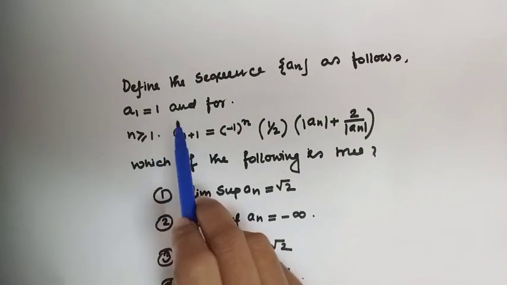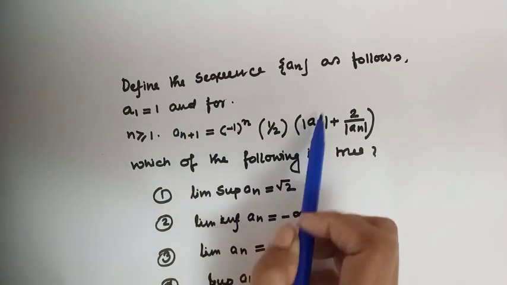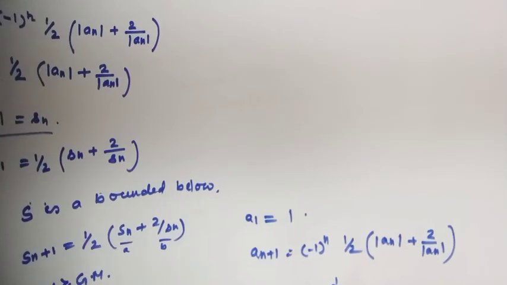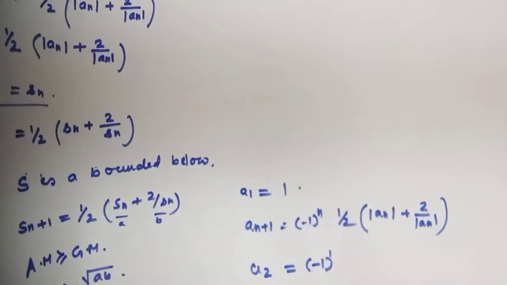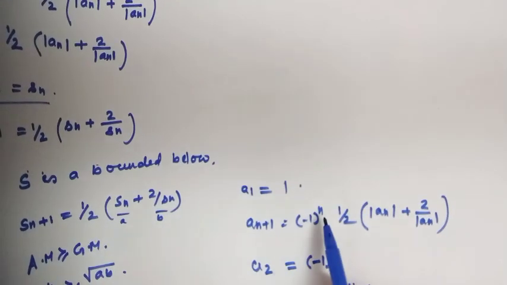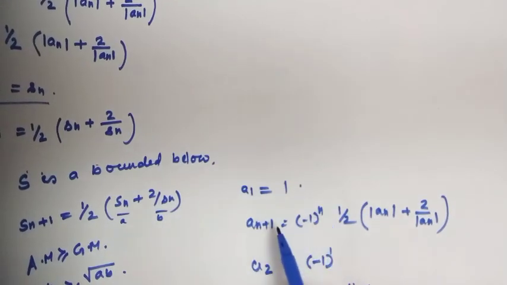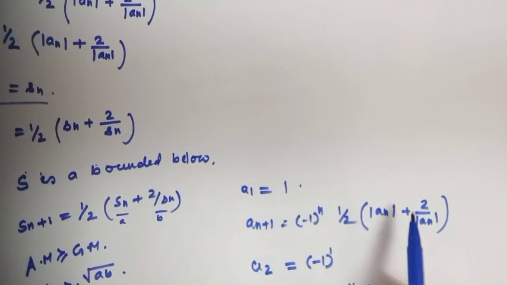Well, notice the question: a_1 equal to 1 and a_{n+1} equal to this sequence. If we write the terms, what is a_2? a_2 equals (-1)^1 times, because 1 plus 1, and this is negative.